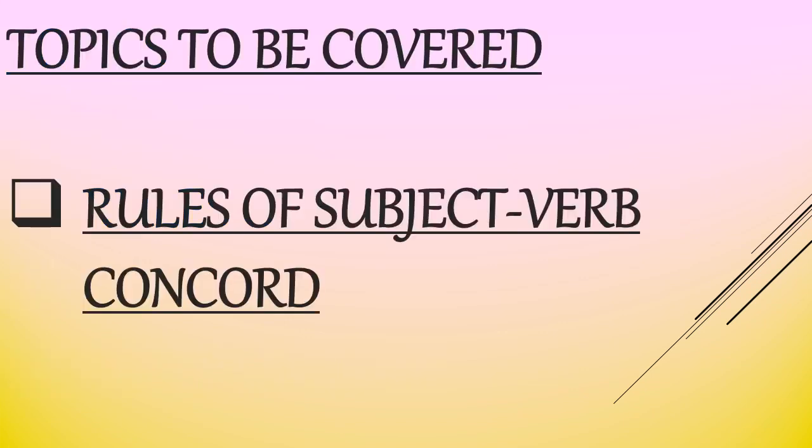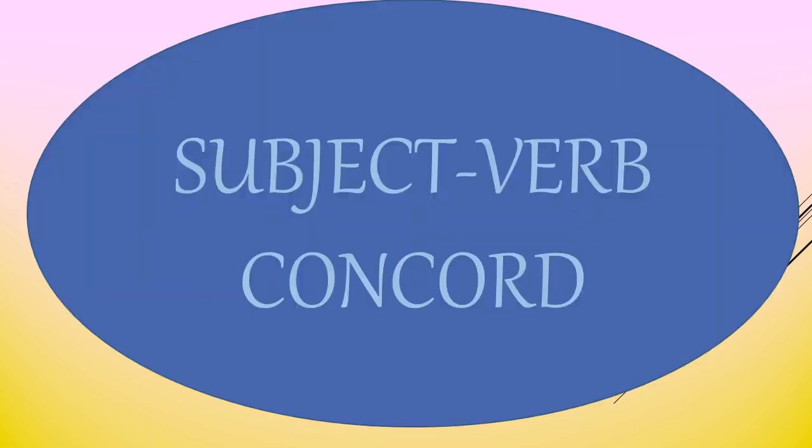Topics to be covered today. Today in this lecture we shall cover different rules of subject verb concord. Subject verb concord is also called subject verb agreement. Concord means agreement.